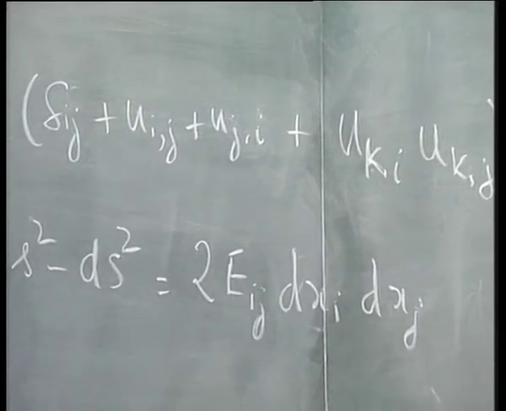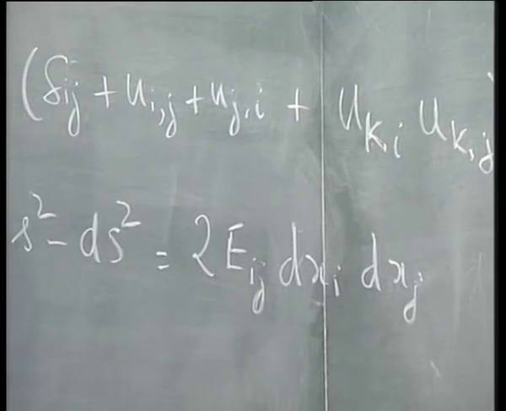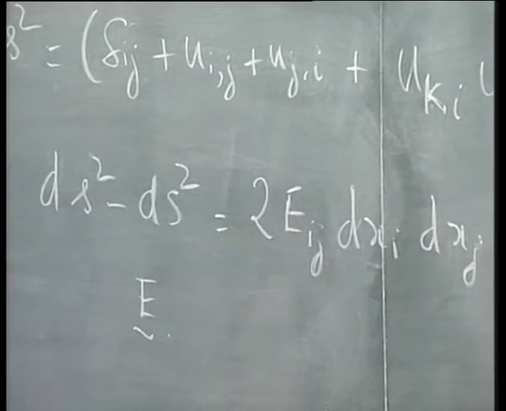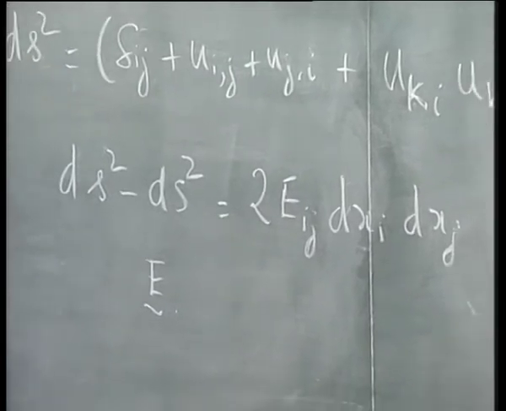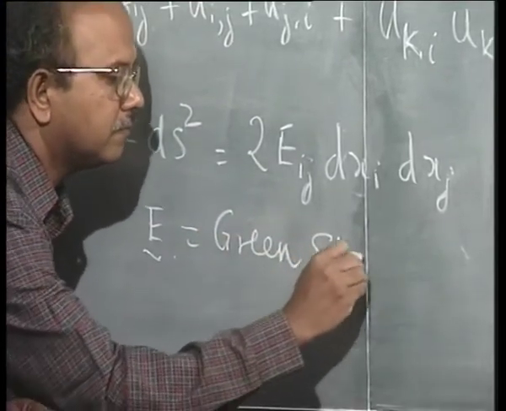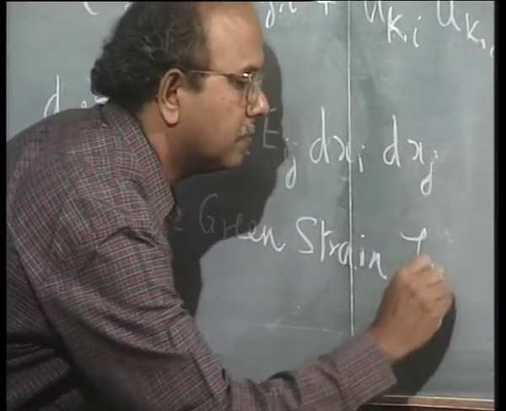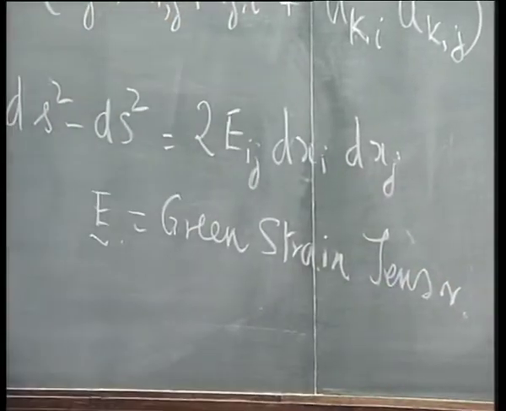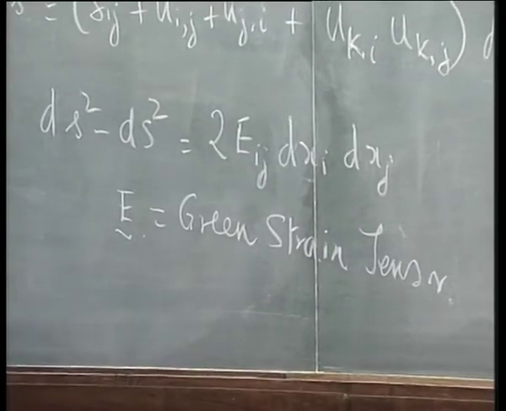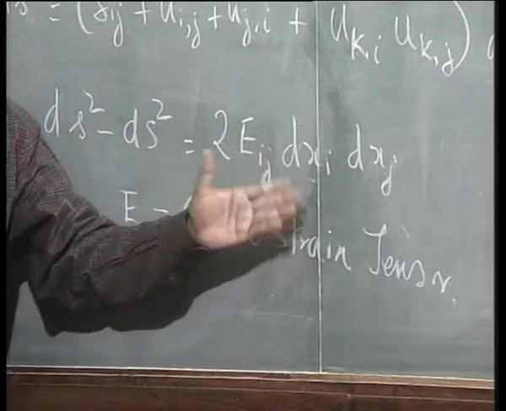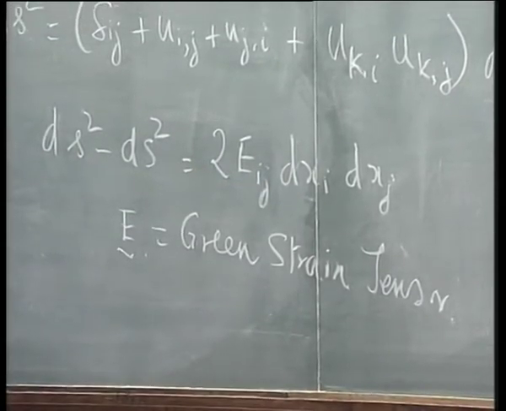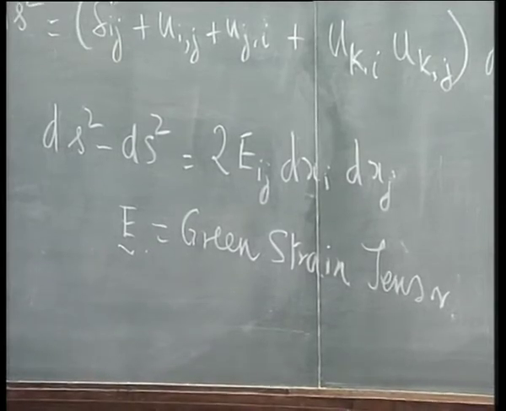And call this E, the Green strain tensor. Is it clear? Okay. Now, we will come to the explanation of this and see how best we can relate it to our earlier lessons.